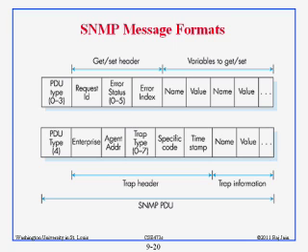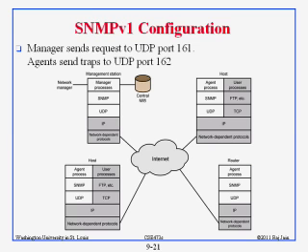Or it could be a trap, in which case you will have PDU type, and then the trap type, and then the timestamp, and then whatever the names and values are, the trap information. So it's a very simple protocol with basically names and values of the objects to be sent.